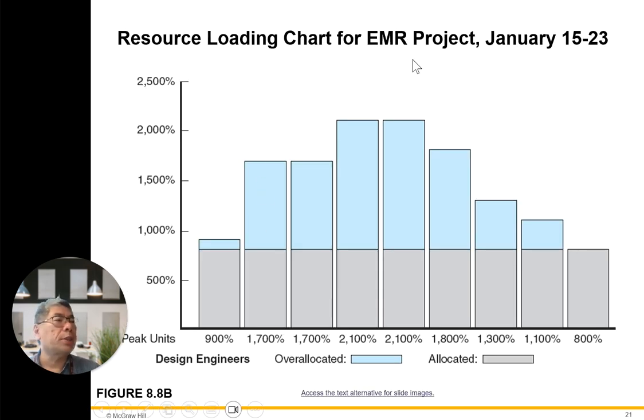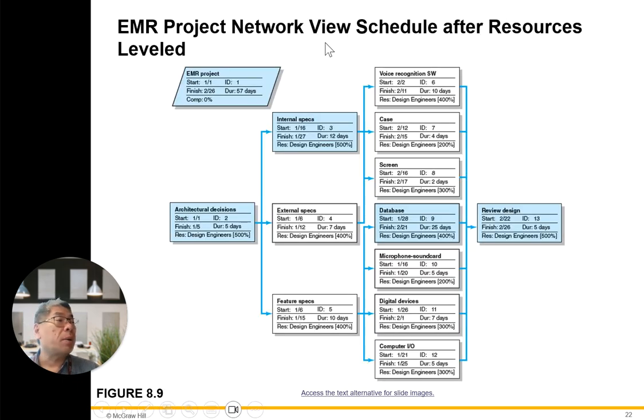Resource loading charts on the EMR project from January 15 to 23rd, showing design engineers over-allocated, which is the blue one, and the black one is allocated, okay? And then this is another project network view of the resource level, to give you an idea of what it is.